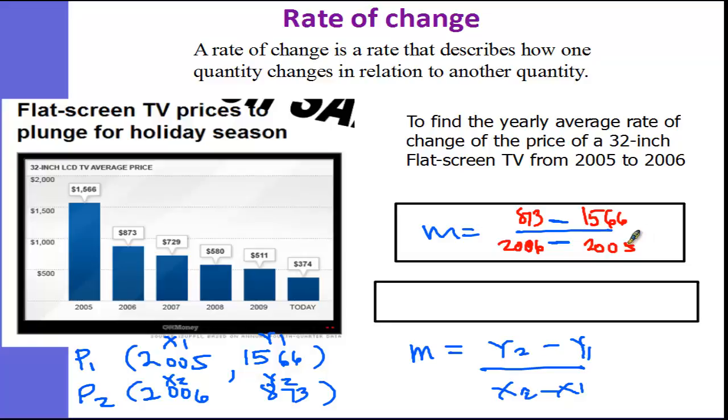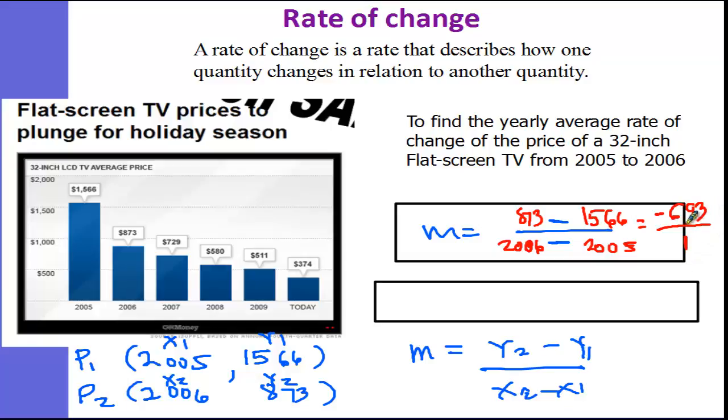So when you subtract 1566 from 873, you will get negative 693, divided by 2006 minus 2005, that's just equal to 1. So the change in the price is negative 693 over a period of 1 year.